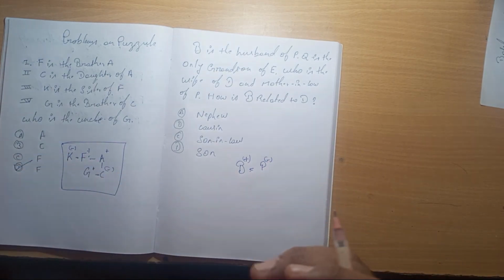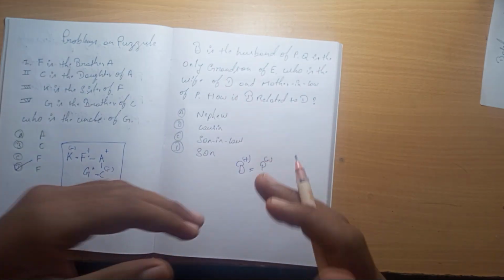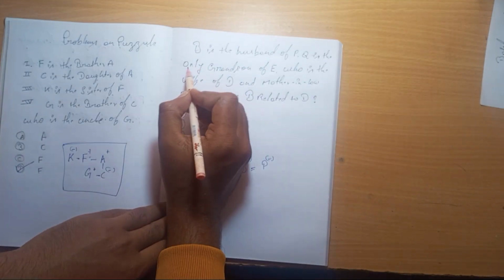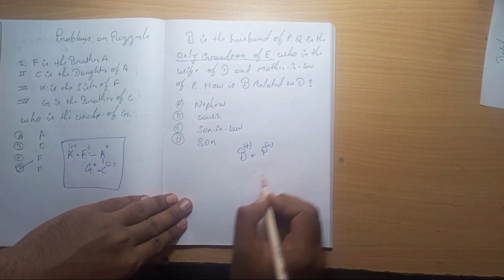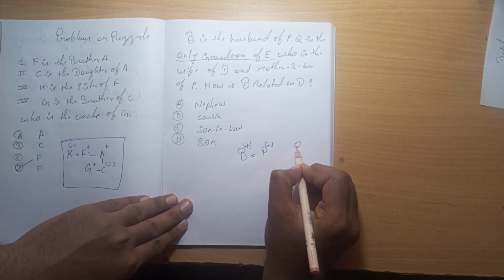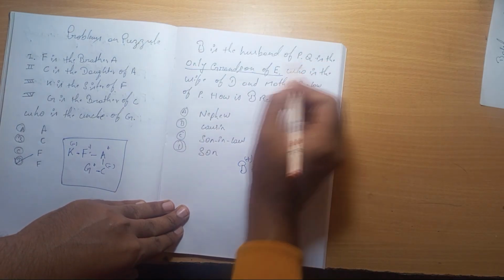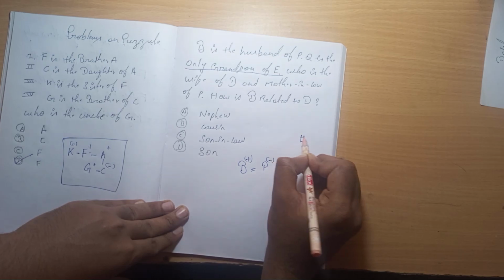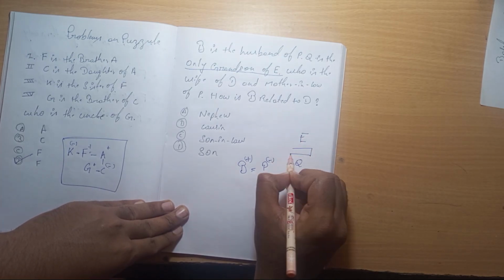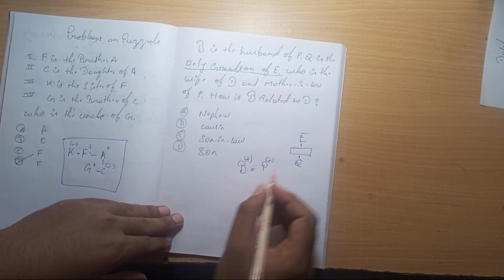And next, Q is the only grandson of E. So, E. And here some character is there, not revealed yet.